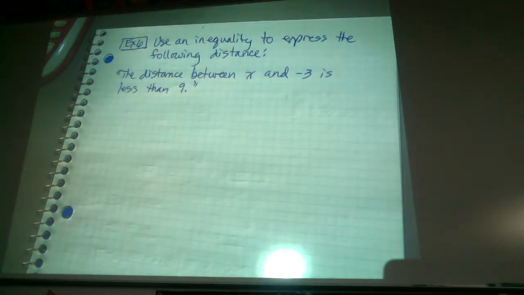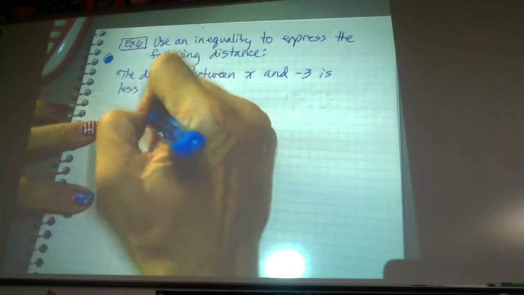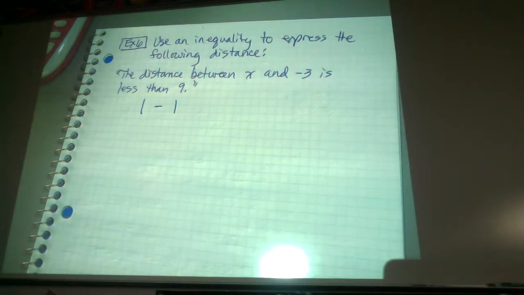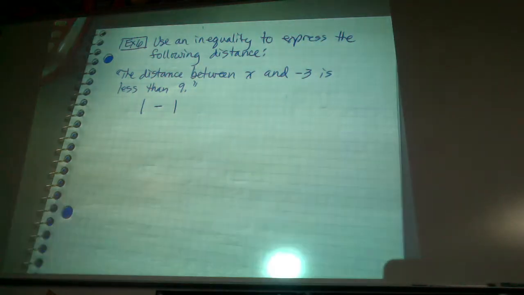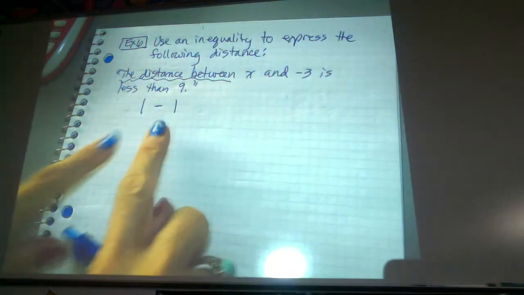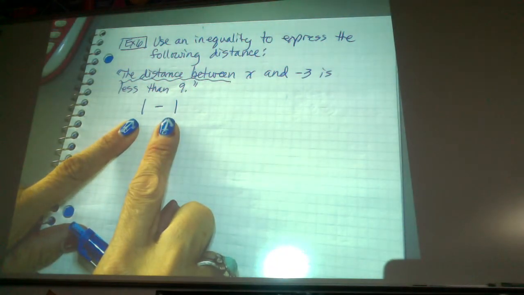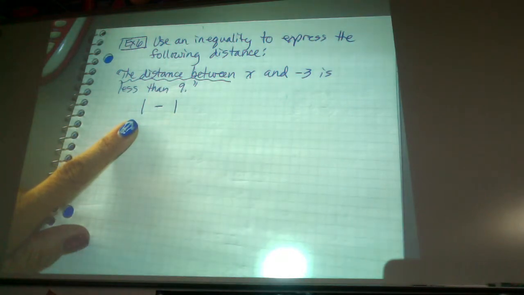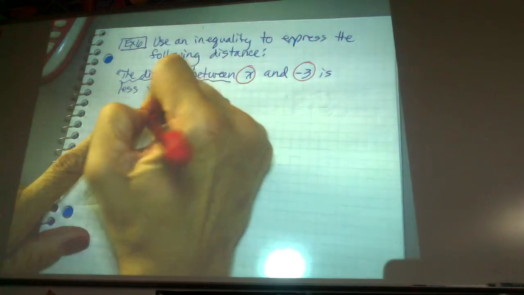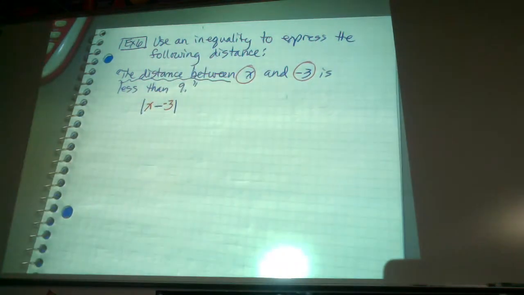So that appears to be the distance between 2 points on a number line, doesn't it? Because it's not over pairs. So isn't the template for distance on a number line, doesn't it look like that? So the distance between is what I'm using that for. Then the two numbers are x and -3. So I'm going to put an x in here and a -3 in here.